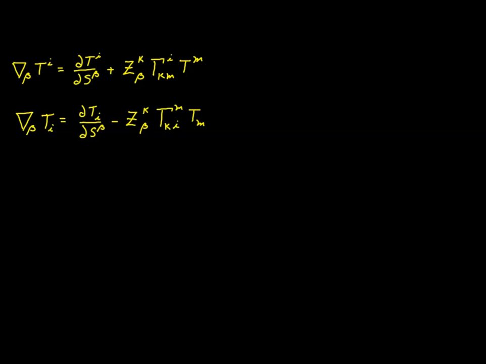Well, I'll have more to say about that in the next video, but for now, let me just illustrate that by showing you what it would be like to apply this to a tensor of higher rank. So let's suppose we're going to find the surface covariant derivative of a second rank tensor of indexes i and j, like this. Okay, well, we go through the same kind of pattern that we developed back in videos 34 and 35.